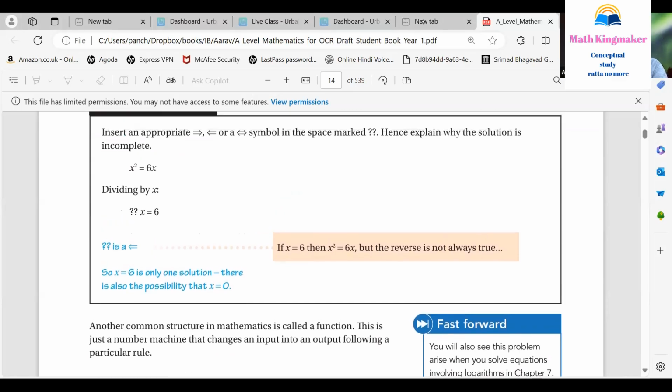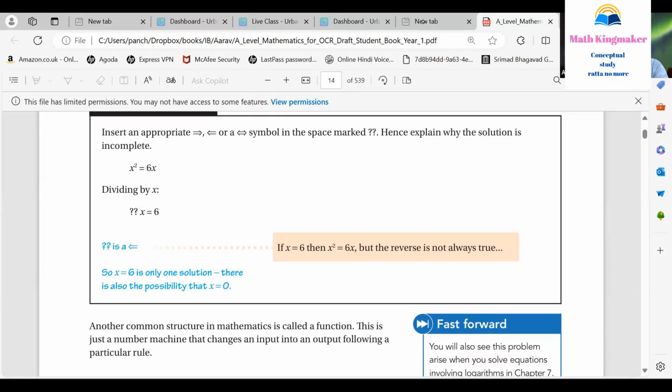If x is 6, then x squared is equal to 6x. But if x squared is equal to 6x, then x is not always 6. It can be x equal to 0.